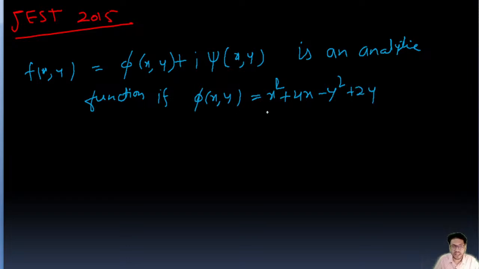So this function is analytic, which is already given. We have been given the value of phi, and psi(x,y) we need to find. So u is given, we need to find v.